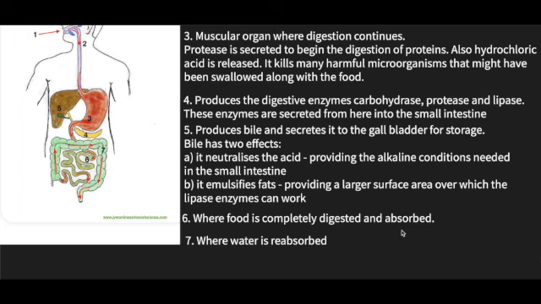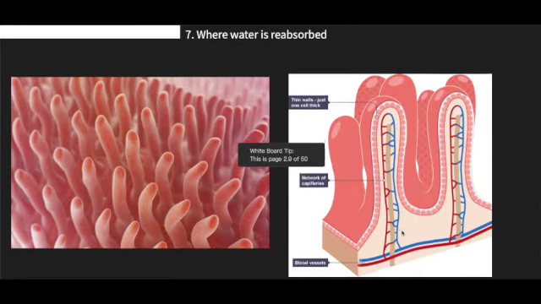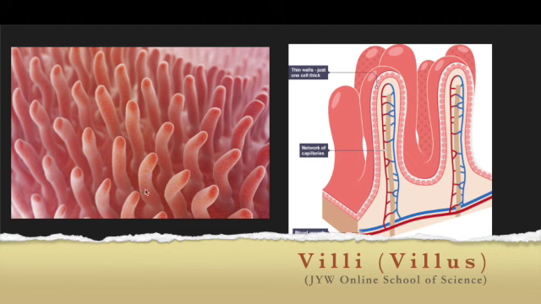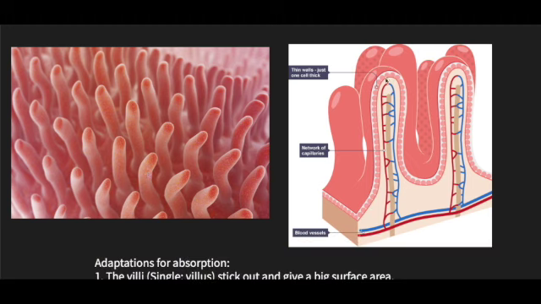Now, how does the small intestine do this job? You can see from here. That's the picture of the small intestine inside. You see this finger-like extension, and that's called the villi. If you look at that villi, number 1, the wall is very, very thin. It's called 1 cell thick.